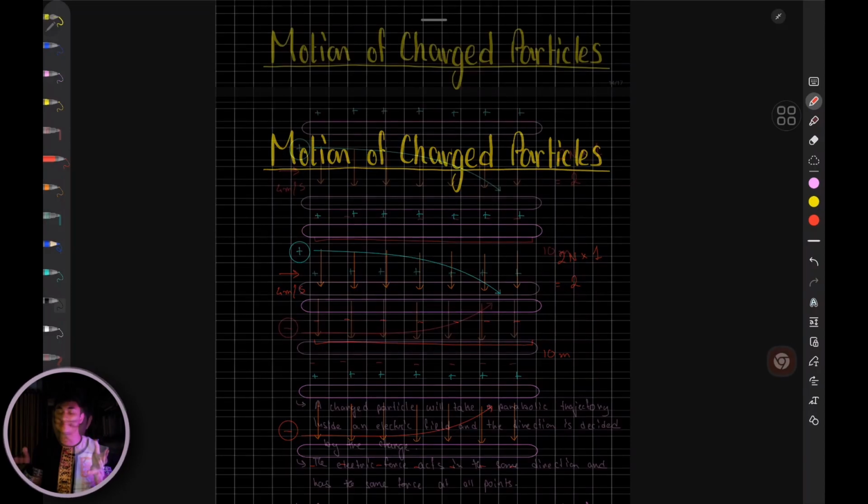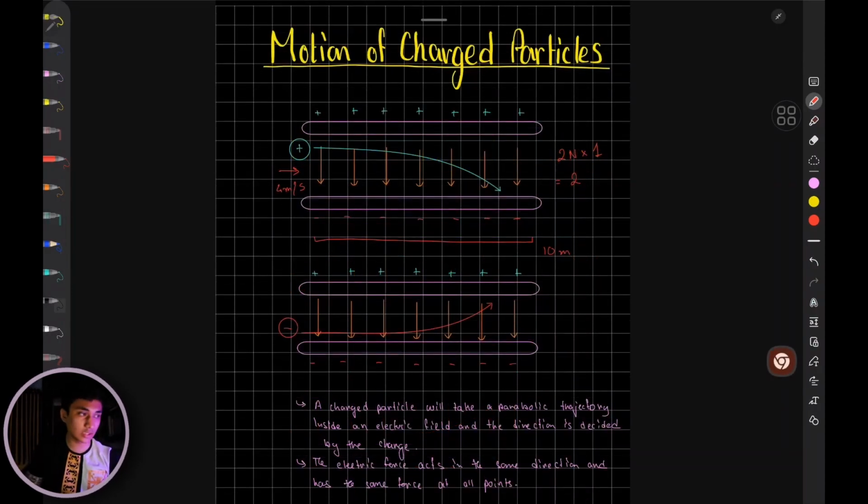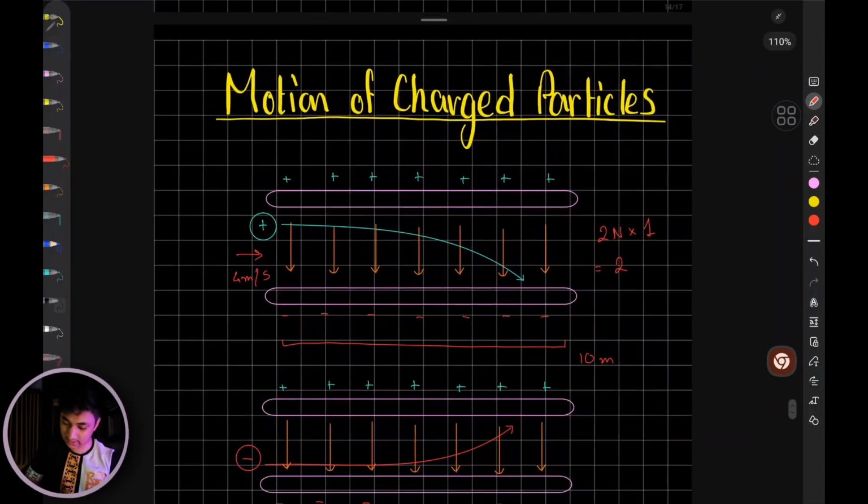The force will only affect the vertical component. So this charge continues to move at a speed of 4 meters per second even at this position. However, due to the vertical force of 2 newtons, it is going to accelerate downwards.